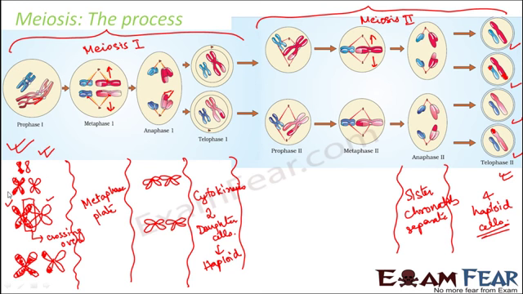As a result, the cells produced by meiosis are not exact identical clones of their parents. They show some new traits and some differences from their parents, and all that is because of the process of crossing over which takes place during prophase 1.